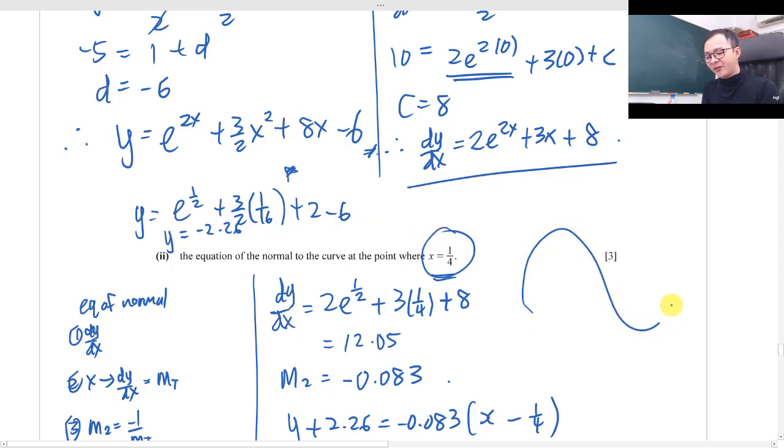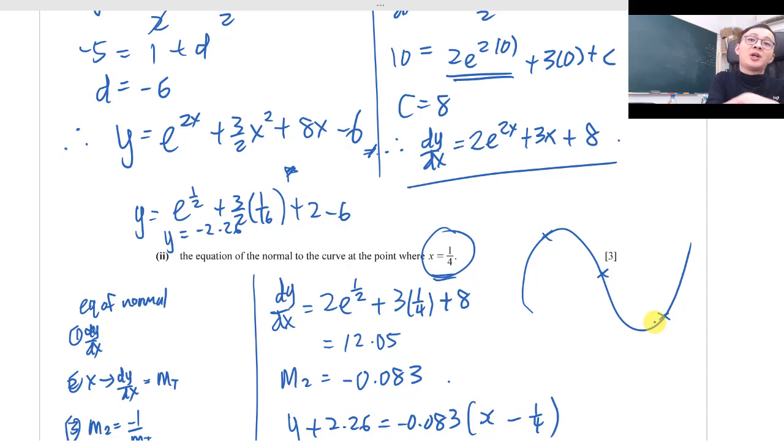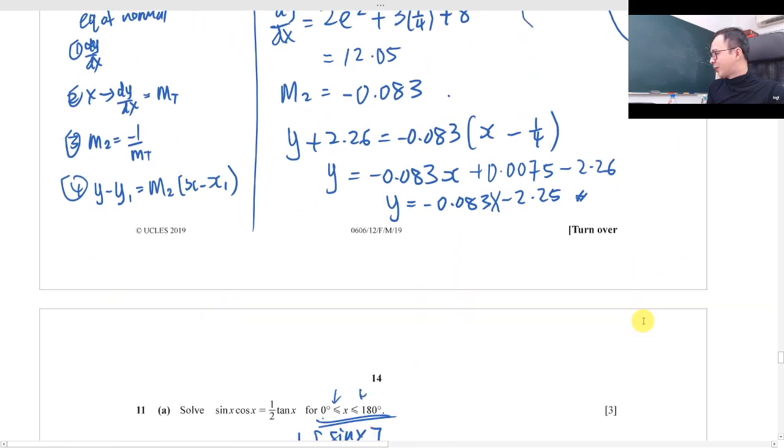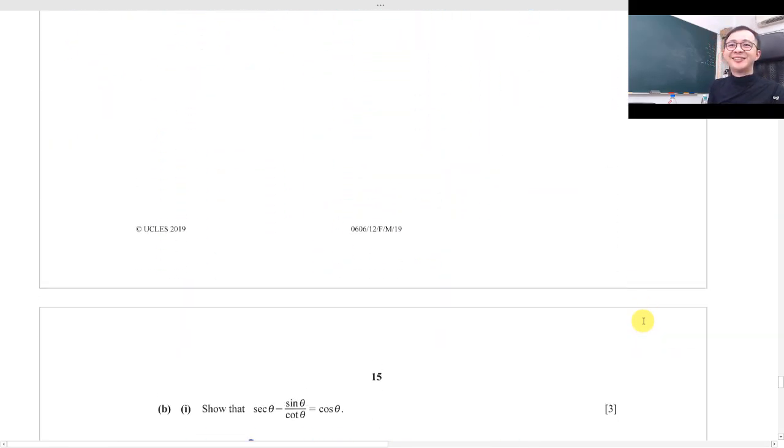Because for a curve, different x values will give you different gradients. So you cannot take the gradient 10 for it because you have a different x value. Just now x was equal to 0, this one x equals 1 over 4. This is the reason why you need to refine your gradient value, and why I do a lot of substitution there. Alright, I hope I explained well to you.